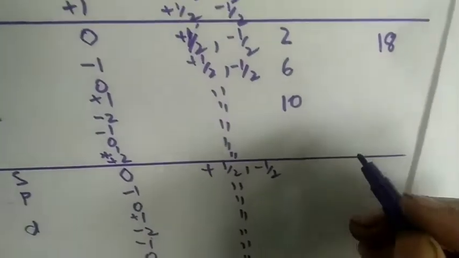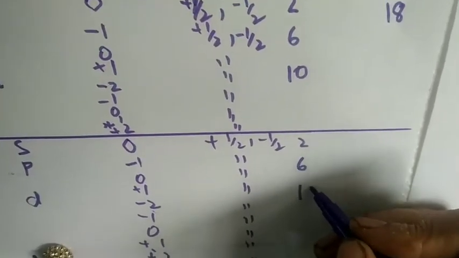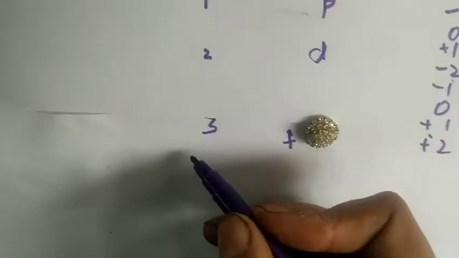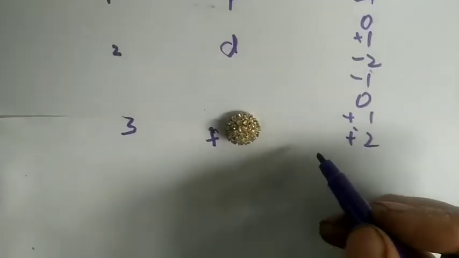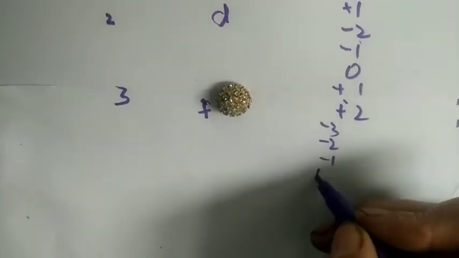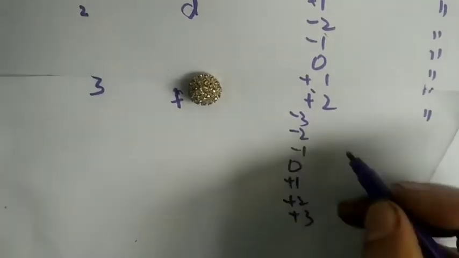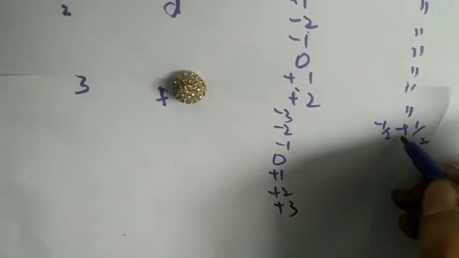Electrons in the S subshell there can be 2 electrons, in P there can be 6, in D there can be 10 electrons. Then for 3, this is the F subshell, and the values can be from minus 3, minus 2, minus 1, 0, plus 1, plus 2, plus 3. For each of them the spin values will be minus half and plus half.